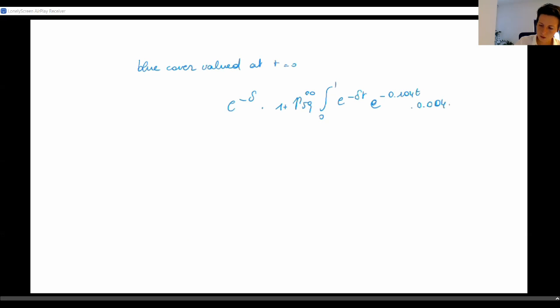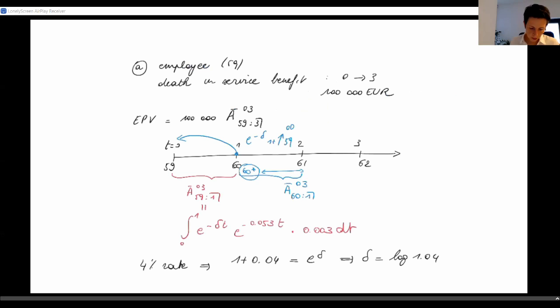That's by using my force of mortality and my applicable forces of decrement between age 60 plus and 61. Yeah, so that's for the second year. And if I go back, what's happening in this last year of my cover? So then I'm going to look at what is happening here between age 61 and 62. And I can denote that with A bar 03, 61 duration of 1 year.